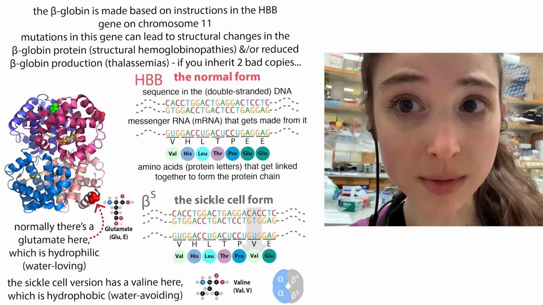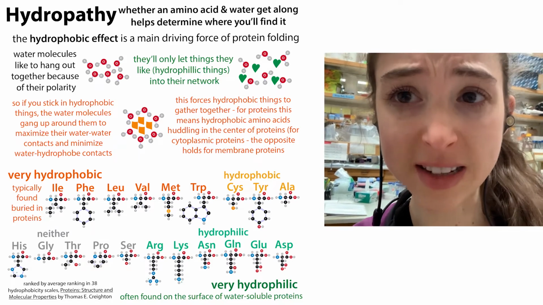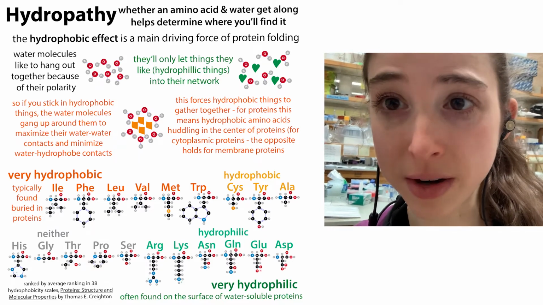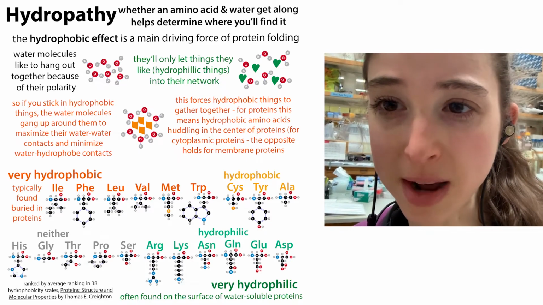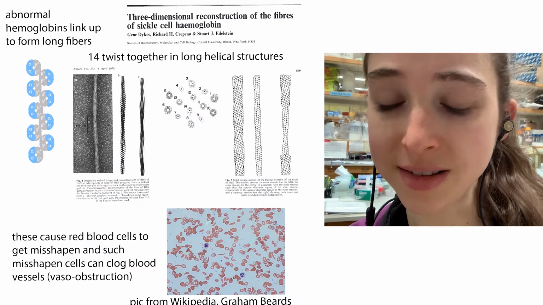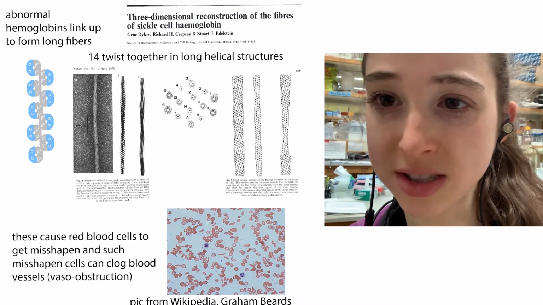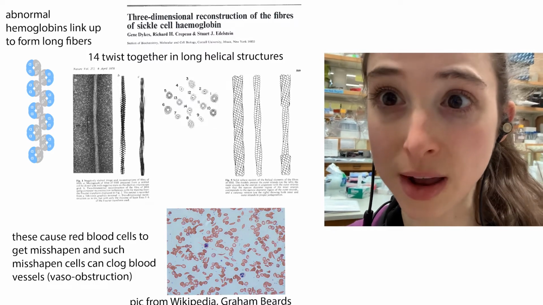If there's a hydrophobic pocket somewhere else where water doesn't really like to hang out, then those parts can join together. The hydrophobic parts come together, minimizing their contact with the water and the water's contact with them. This can lead to the polymerization, or the linking up, of hemoglobin molecules into these fibers.